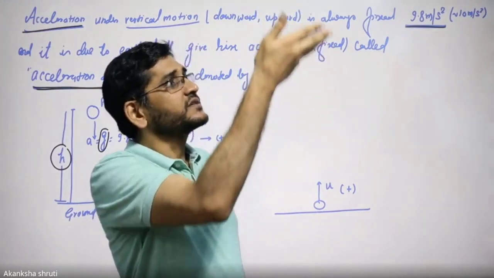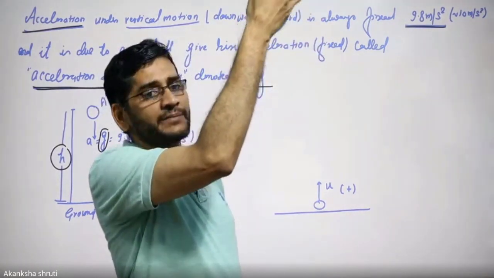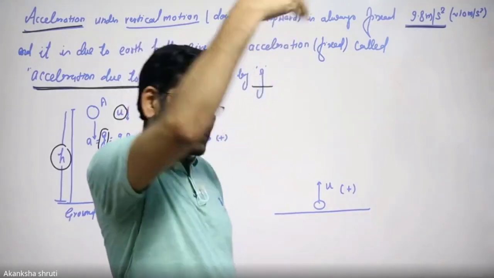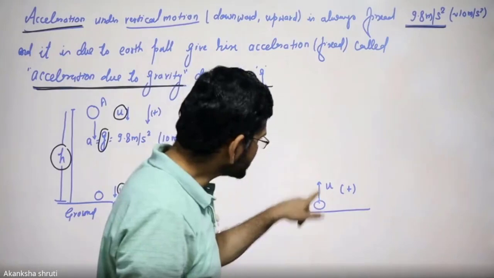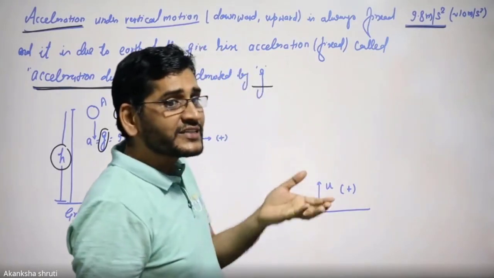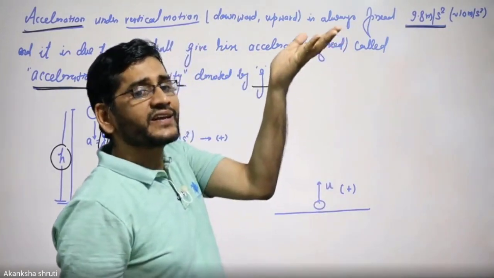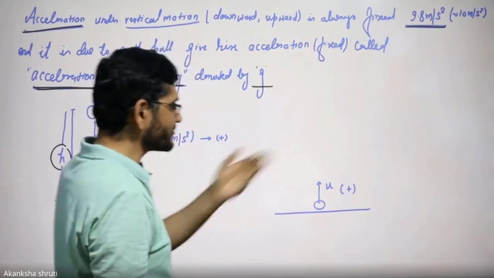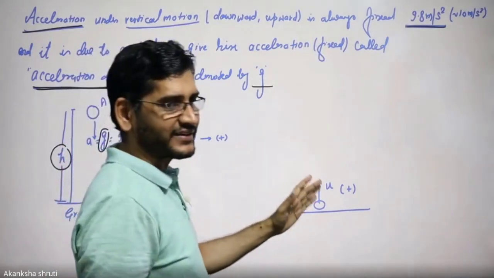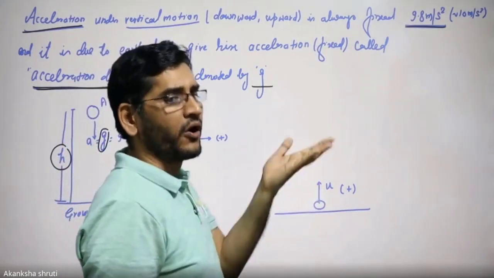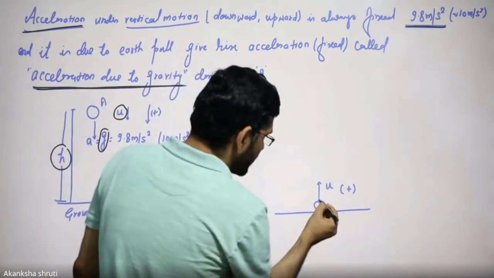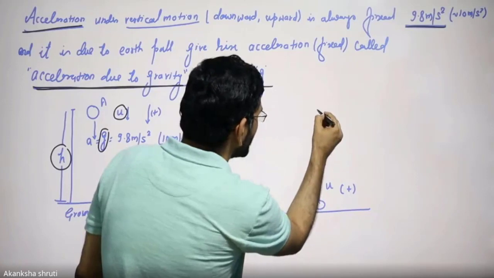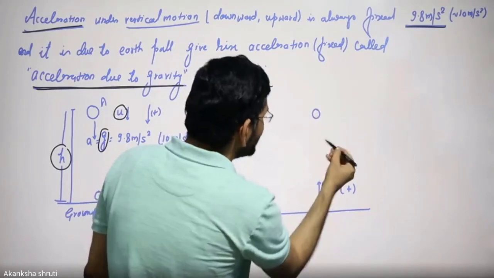Once this upward speed decreases and becomes zero, it will turn back. So while the body is thrown upward, its speed starts decreasing. You can observe this very easily by throwing a ball upward on your ground. Tomorrow, please do it. While it is thrown upward, its speed decreases.